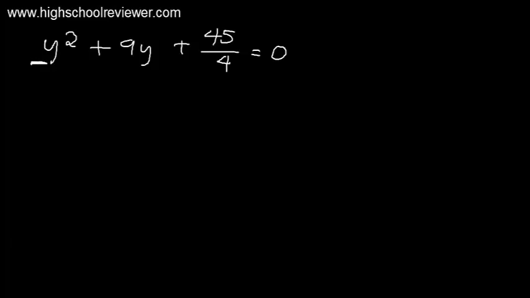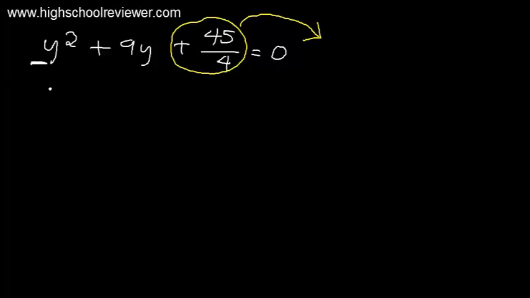Since there is none, we can now proceed. Now, we need to transpose positive 45 all over 4 to the right side so that there will only be 2 terms left on the left side. So we need to transpose that to the right.